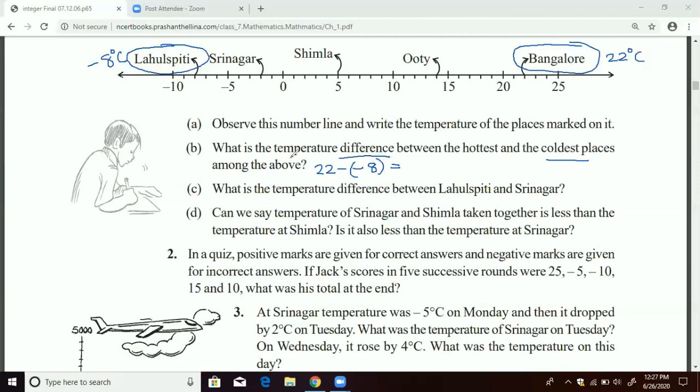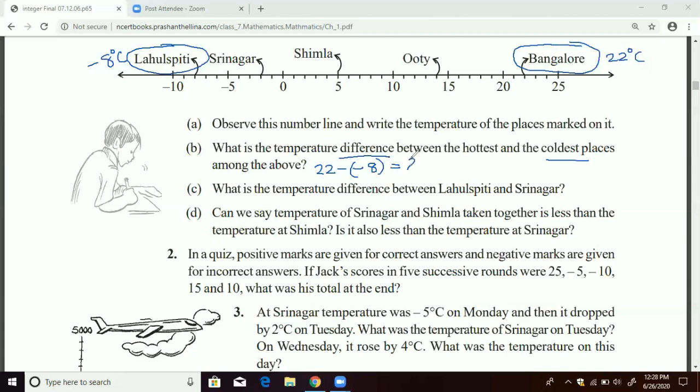The temperature in Lahul Spiti is equal to -8 degrees Celsius. The temperature in Bangalore is equal to 22 degrees Celsius. The difference between the temperature in Bangalore and Lahul Spiti is equal to 22 minus -8. Subtraction of an integer is the same as addition of its additive inverse.